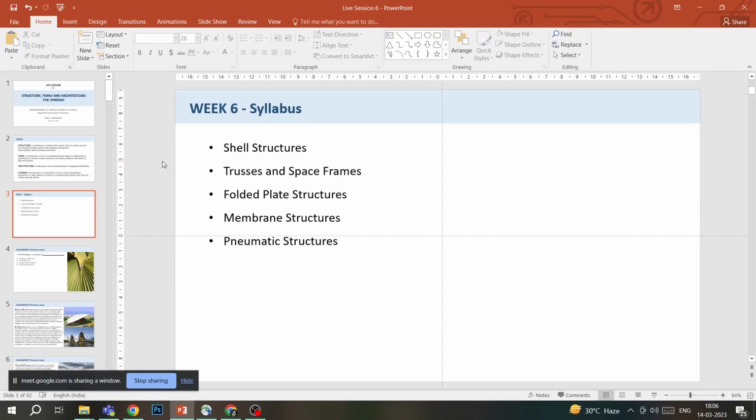So week 6 syllabus was 5 chapters, 5 different parts: shell structures, trusses and space frames, folded plate structures, membrane structures, and pneumatic structures.